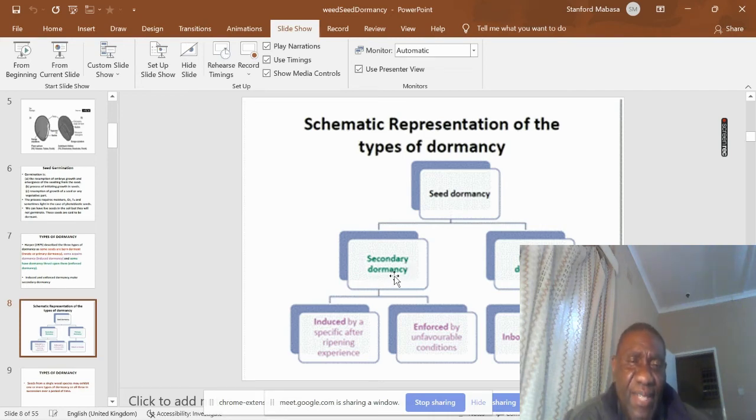But secondary dormancy can be divided into two groups. You can have induced dormancy as well as enforced dormancy. Later on, we'll explain these three terms: innate dormancy, induced dormancy, and then enforced dormancy.